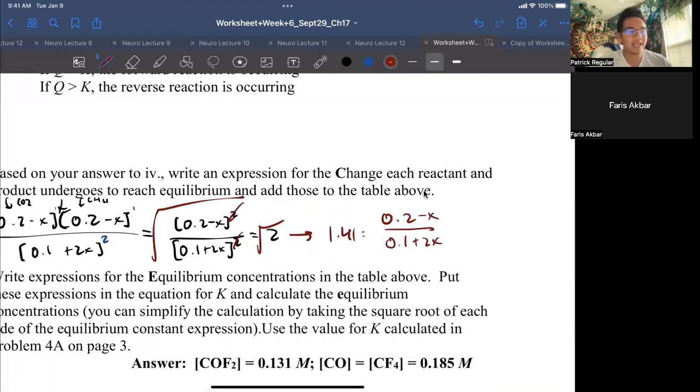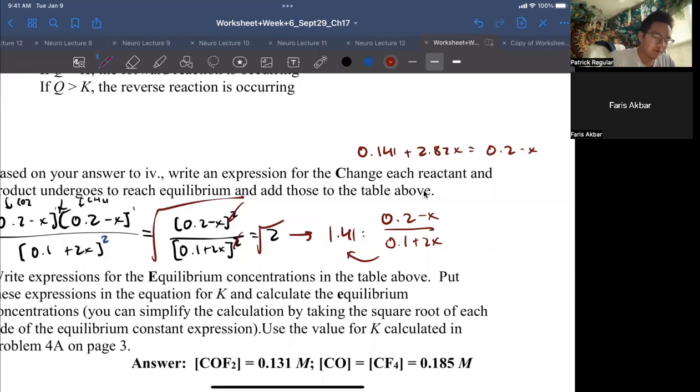Well, we have just one variable. No weird parentheses, no weird exponent. Let's just multiply it out like we normally did, like what we did before. Just algebra it out. Multiply that over. That's going to be 0.141 plus 2.82 x equals 0.2 minus x.